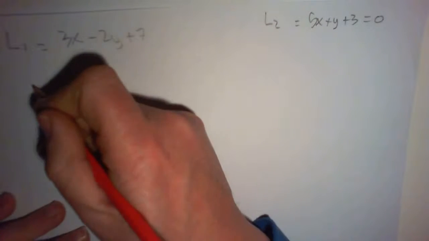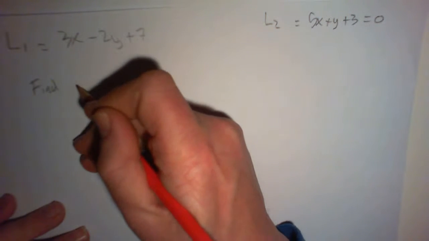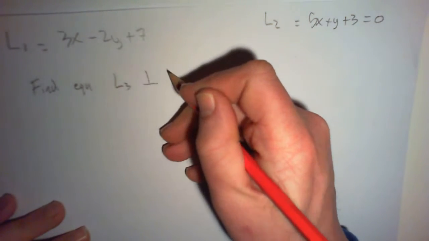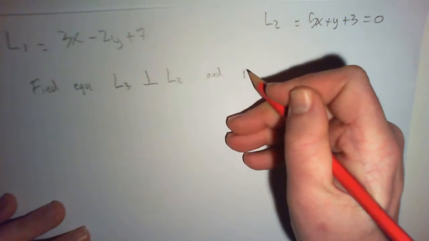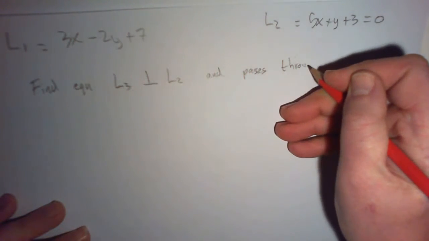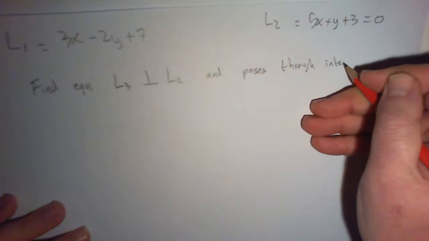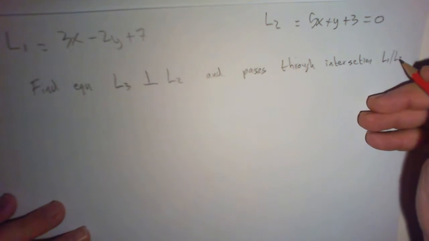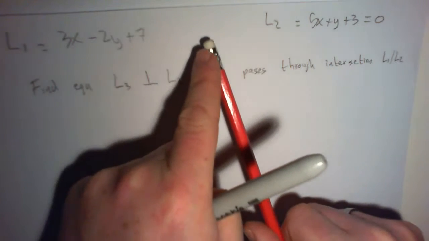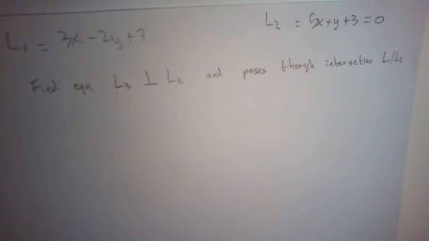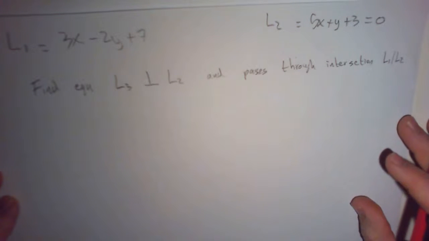Find the equation of L3, which is perpendicular to L2 and passes through the intersection of L1 and L2. So when I get the intersection of L1 and L2, L3 passes through that point and it's perpendicular to that line. So again, it's the same as the previous one, except now we're not looking at parallel, we're looking at perpendicular.